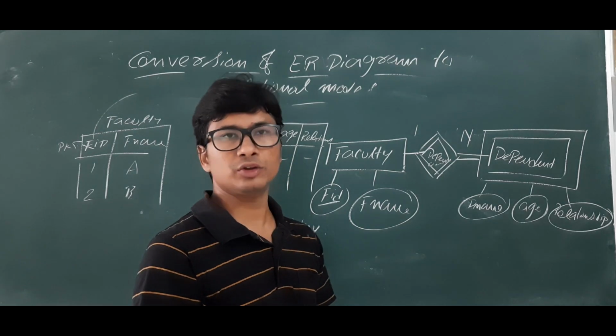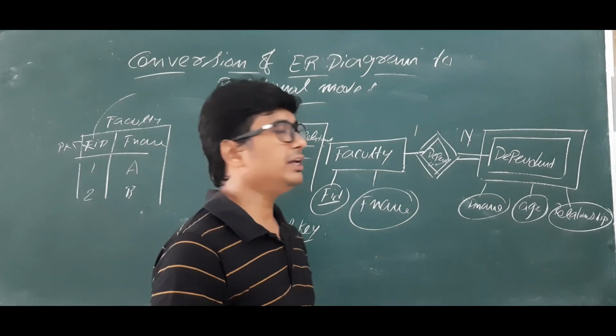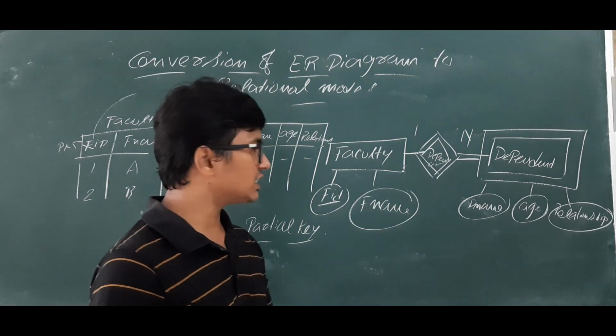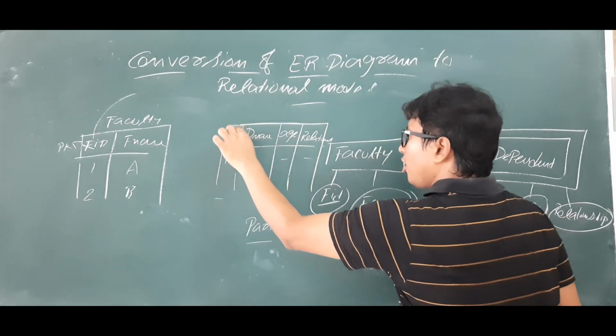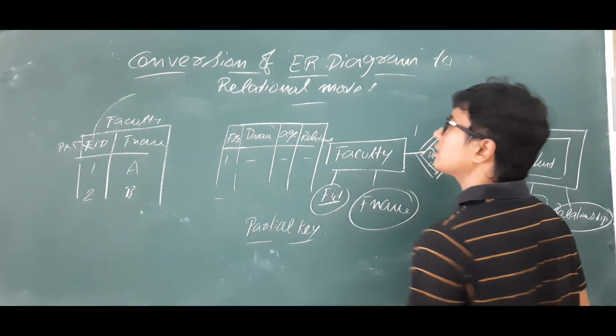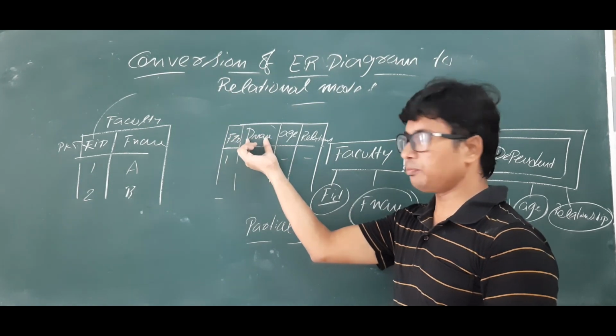Relationship is not unique, so it is also not a key attribute. Now, what is this partial key? Take the primary key of the faculty, faculty ID, together with dependent name.